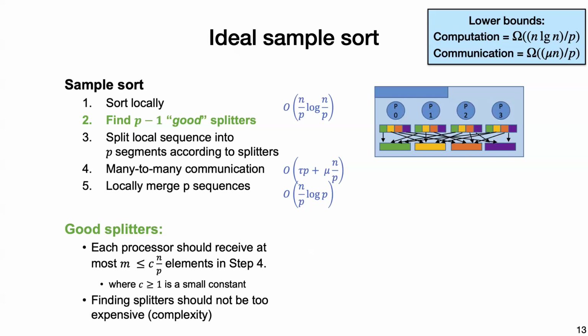This is the lower bound when n grows larger, the whole thing will be dominated by mu n over p for large n. Also, ideally, this would be deterministic, so we don't run into randomized worst cases.